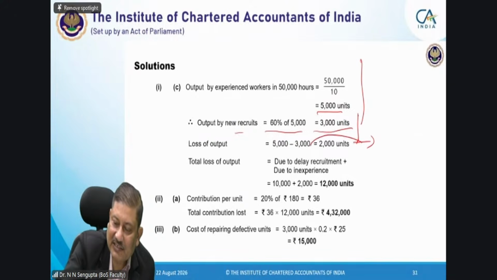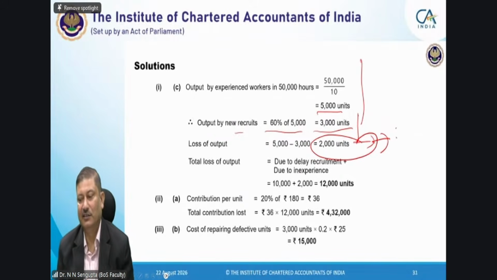So the first loss is the loss of output. Earlier there was a loss of 10,000.